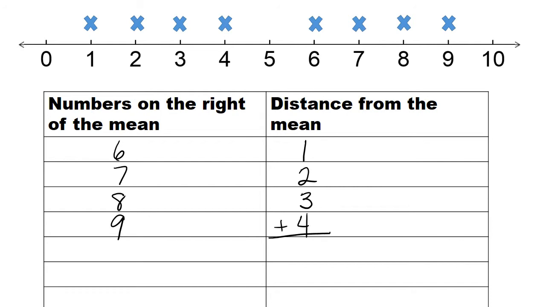We can add those together to get our total. Our total is 10 units. We know that we did this problem correctly when the totals from both tables equal the same amount. So that means that our balance point at number 5 is correct.